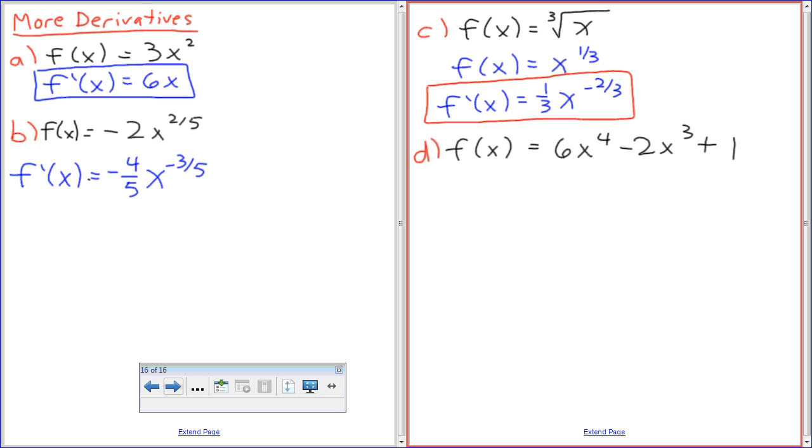Just imagine how long this would take using limits. This would be forever. Don't worry about factoring it. Just imagine how difficult this would have been before today's lesson. It would be awful.